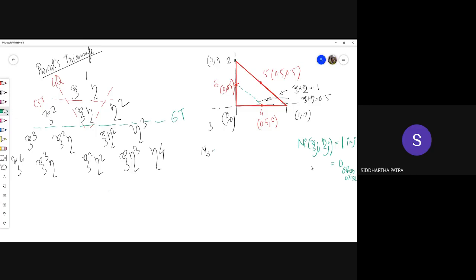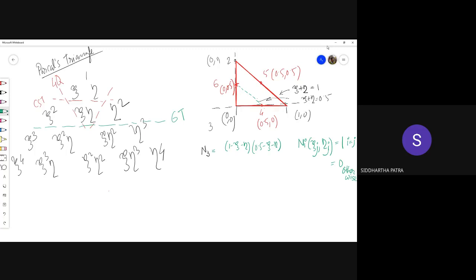So N3 is (1 minus xi minus eta) times (0.5 minus xi minus eta). Now, if I write it like this, I'm surely getting a value of 0 at all the other 5 nodes except for node 3. At 3, the value would be something, but everywhere else, this shape function is going to be 0.